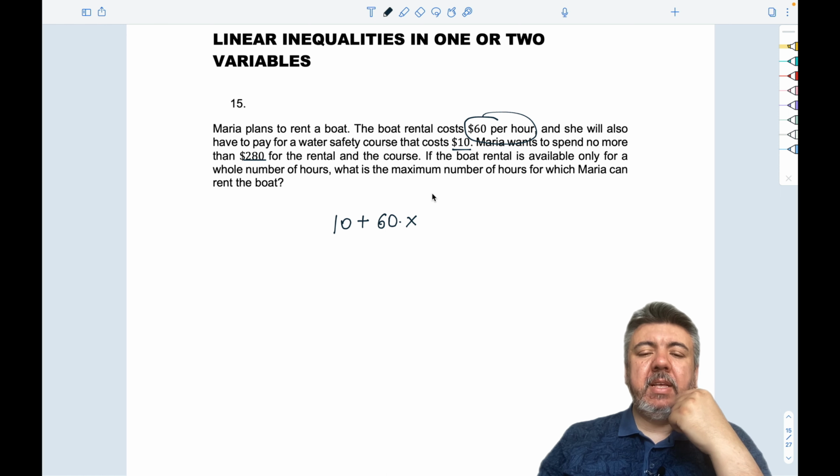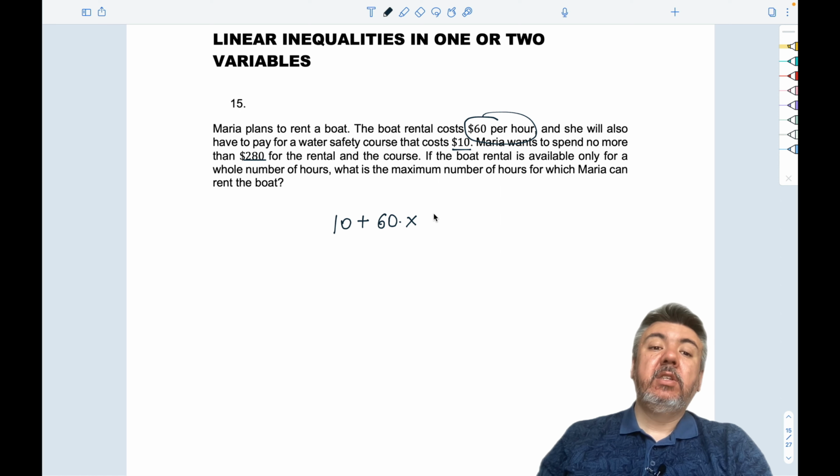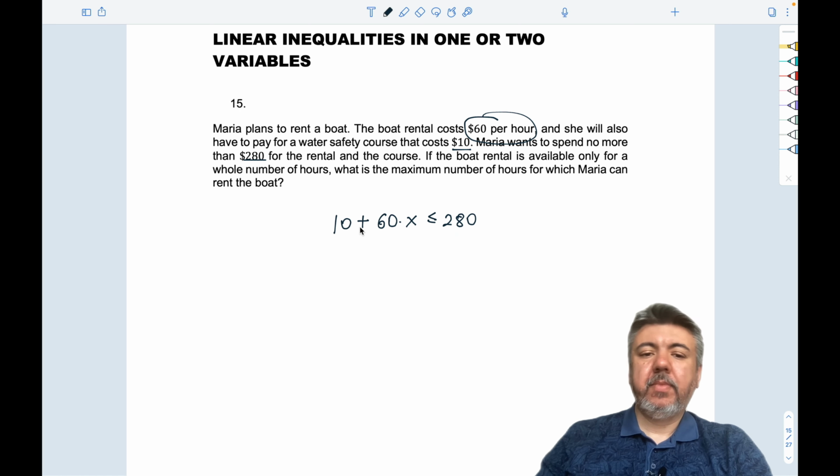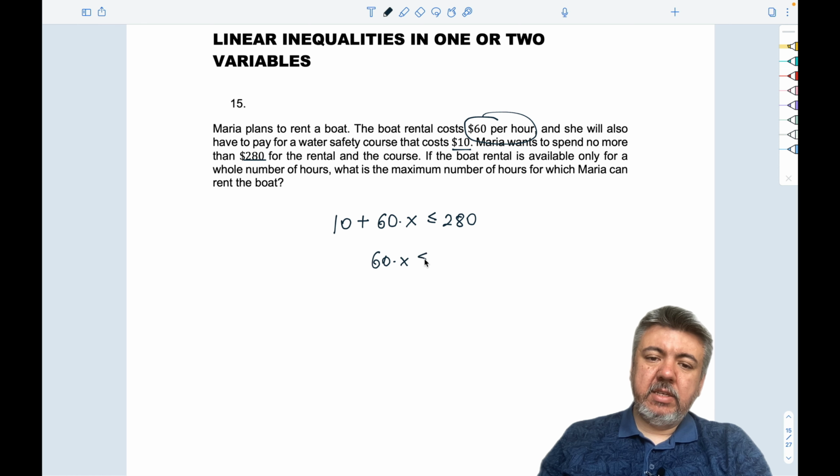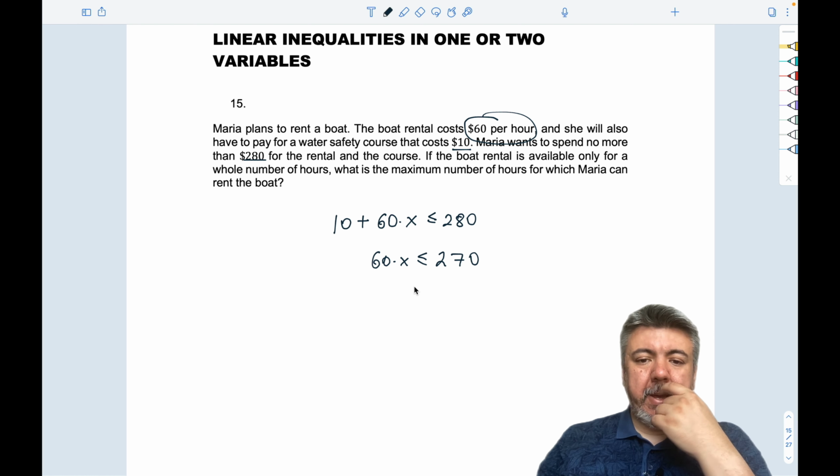No more than means she can spend 280 or less. That is this one. And then 60x is less than or equal to 270.